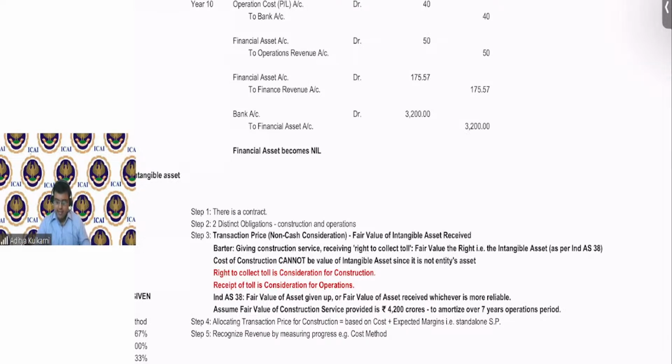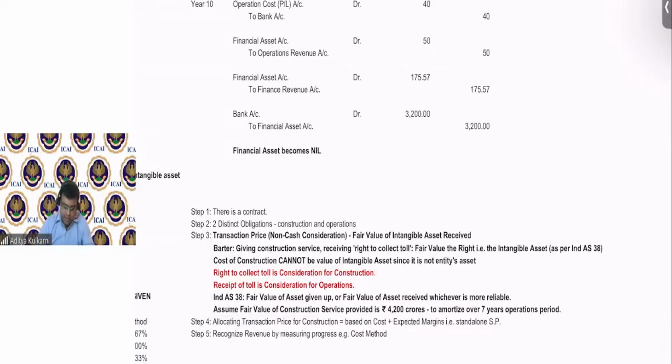Fair value of the right, that is the intangible asset as per Ind AS 38. Cost of construction cannot be considered the value of the intangible asset, because what you are getting is an intangible asset. You are not getting a defined right in cash.